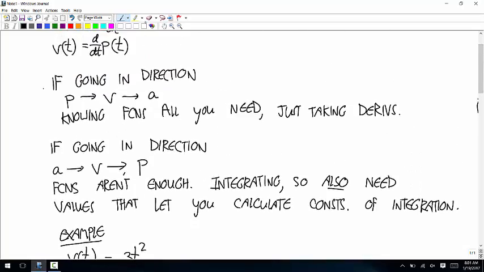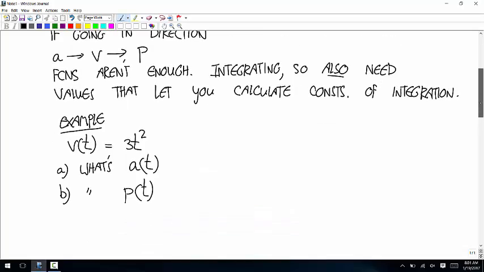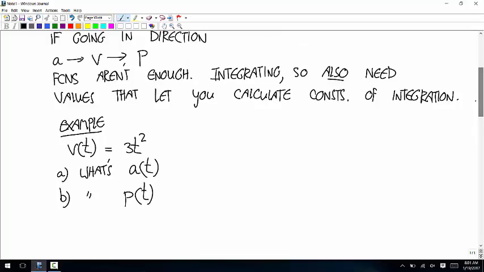We also need to know, for example, given that at time equals 0, position is equal to 2 meters. Okay, so we'll see how this all works.